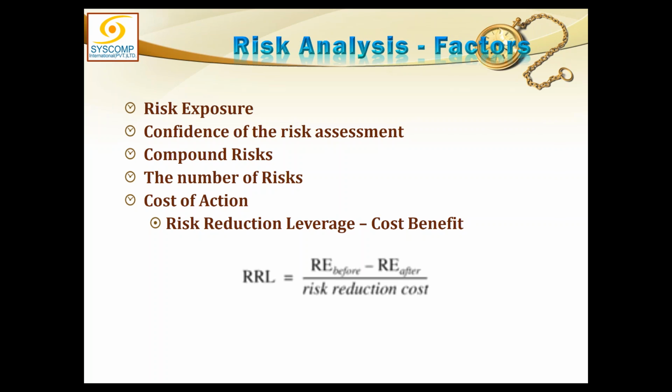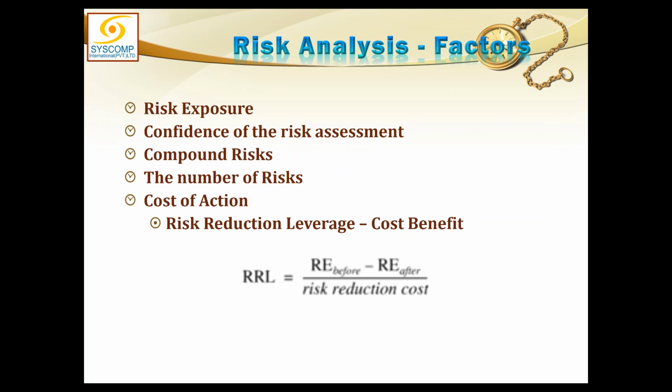So that cost is called risk reduction cost. Whatever you have spent to reduce the risk, that is the risk reduction cost. You divide the 90,000 figure by the risk reduction cost and you will find whether it is feasible or not feasible to spend money on this.